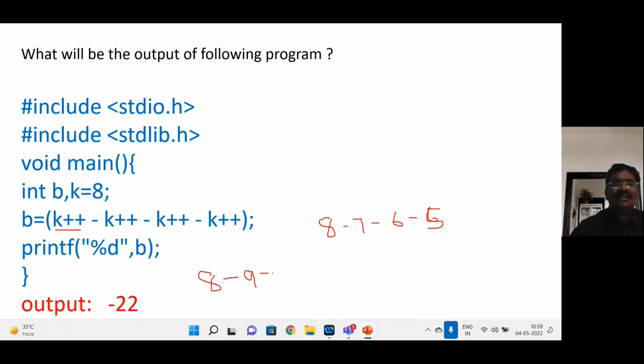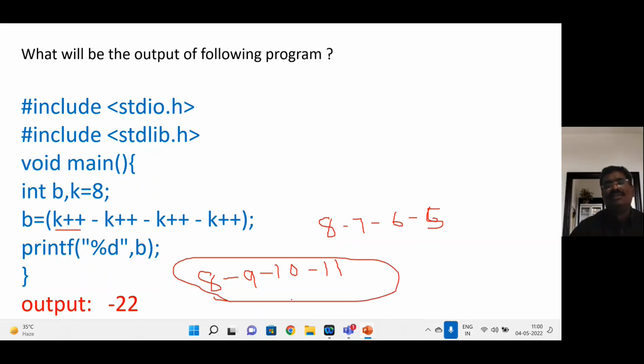And here is 10, and then 11. But when you see that, you can get the answer this way.